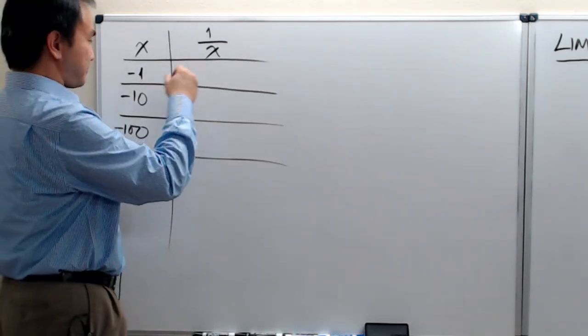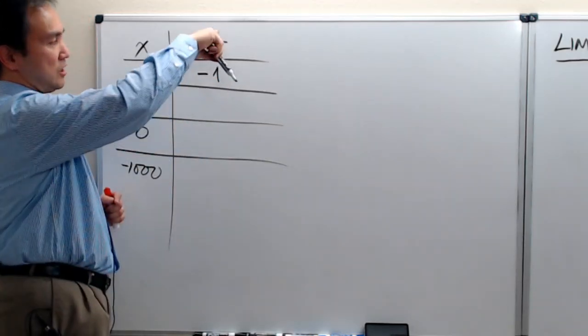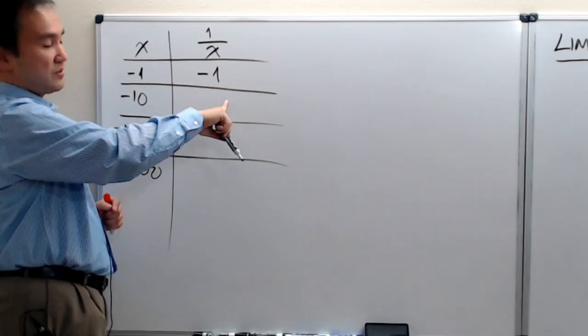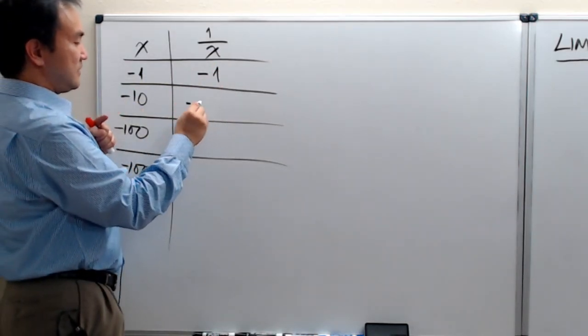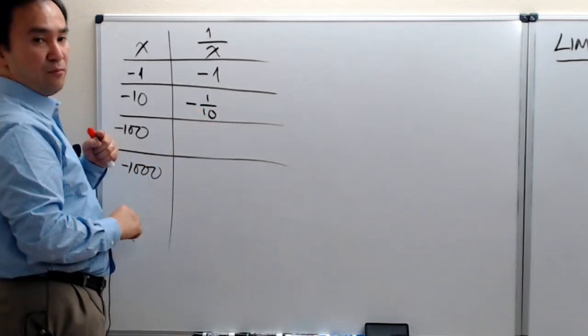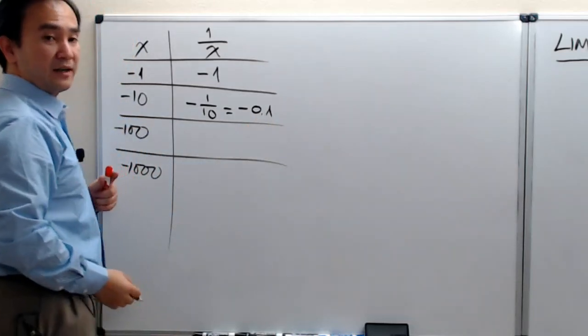So when x equals negative 1, our answer is negative 1, because 1 divided by negative 1 is negative 1 for the output. Then here we're looking at negative 1 over 10 as the output, but in decimal that is negative 0.1.